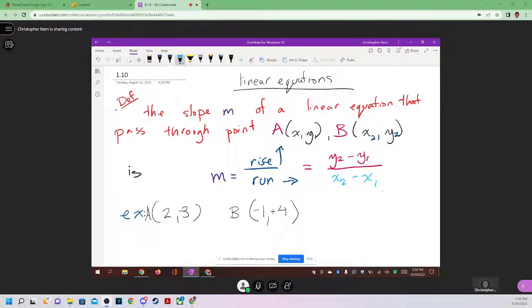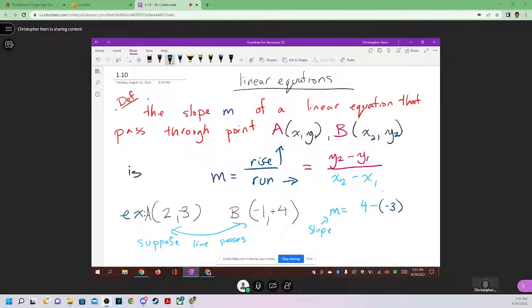So, to calculate my slope between these points, let's suppose my line passes through points A and B. Then the slope of that line is going to be calculated as, let's choose the y value of point B, so that's 4, minus the y value of point A, which is negative 3.